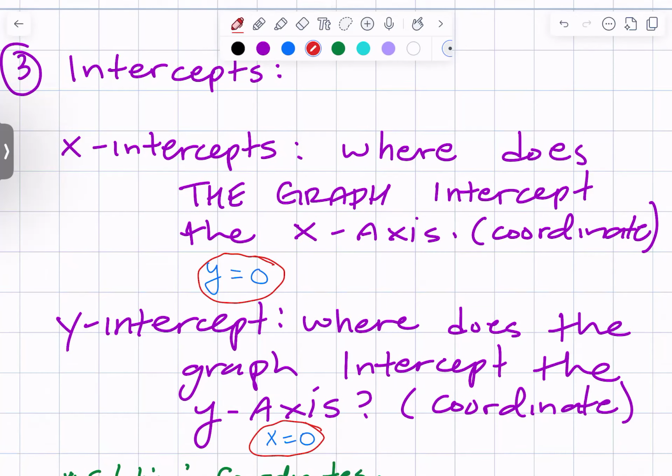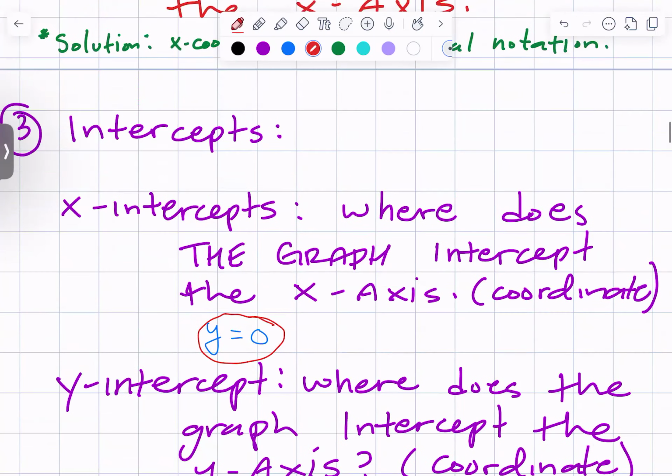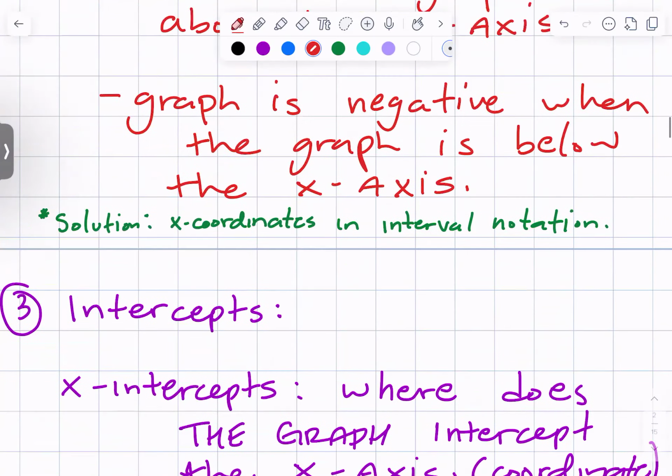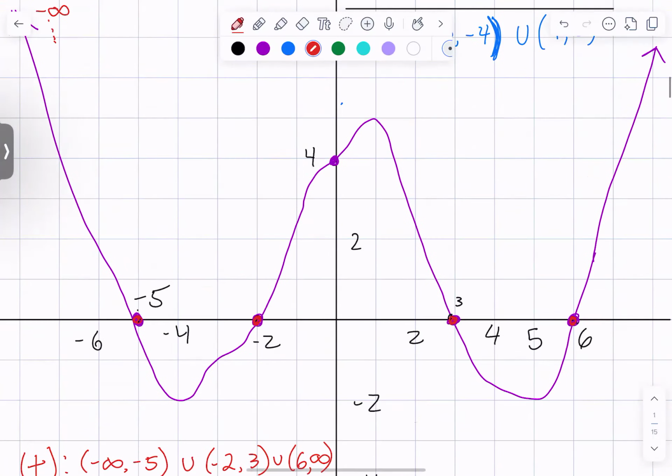So where it crosses the x-axis is your x-intercept. So your x-intercepts in this graph are going to be (-5, 0), (-2, 0), (3, 0), and (6, 0).